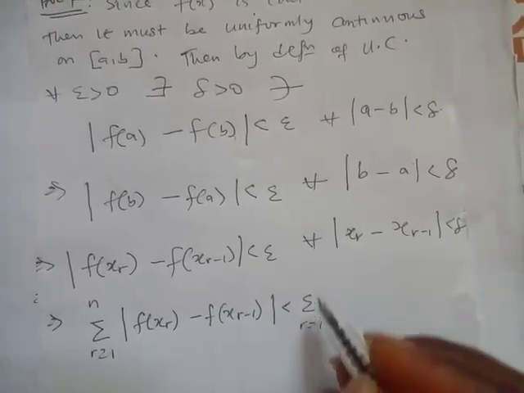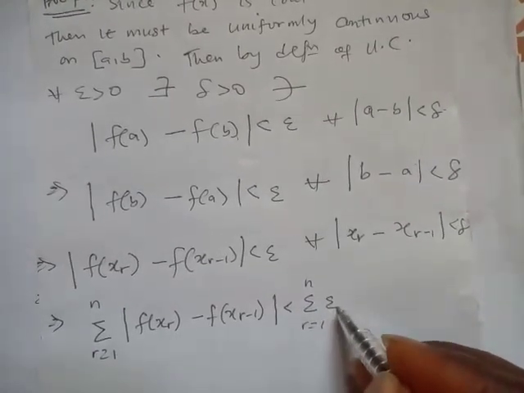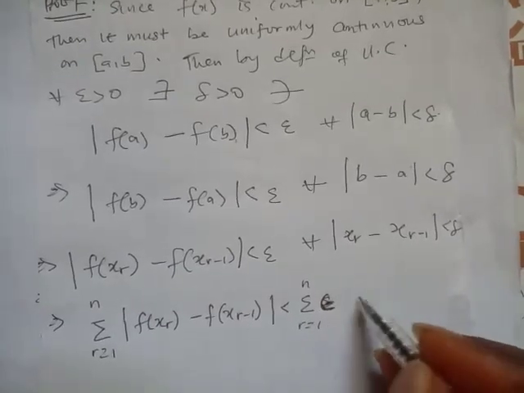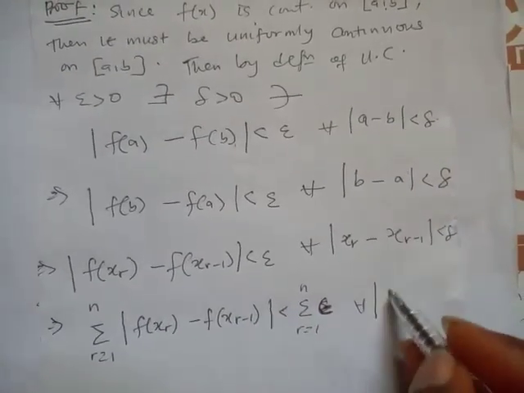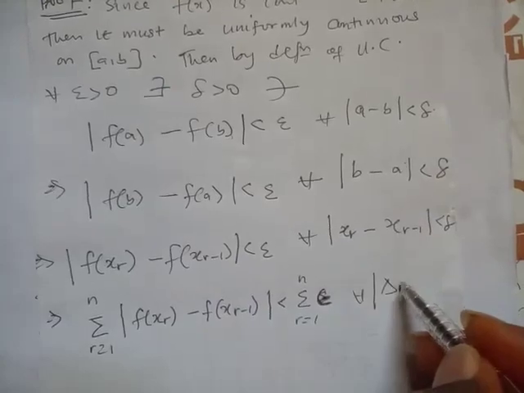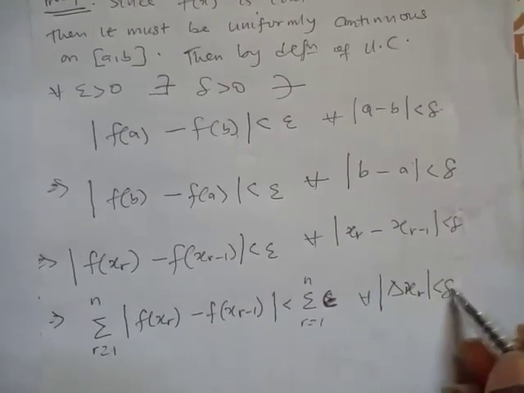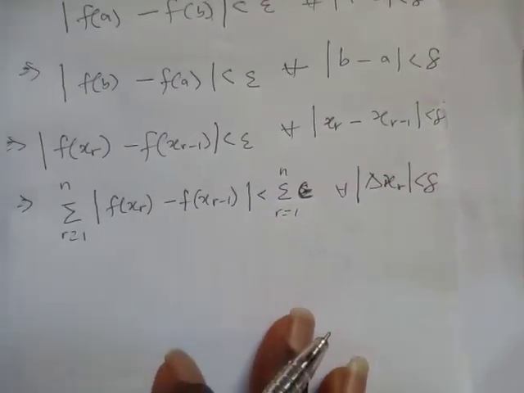The right side is the summation, r from 1 to n, of epsilon. Don't forget that this thing is just delta, the size of the partition is less than delta. This is the capital letter, that is the small letter.